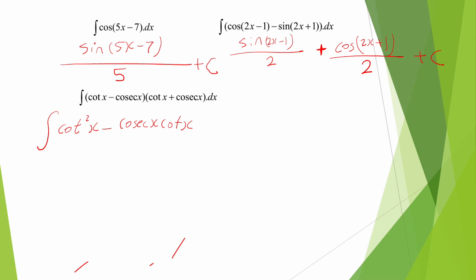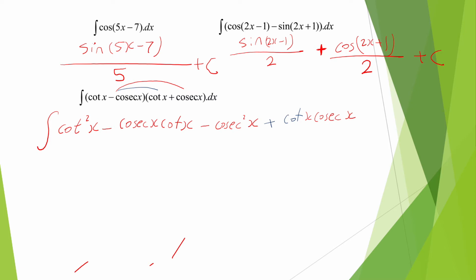And then we have plus. Okay, negative times negative, negative times positive, so it's negative cosec square x. And then we have this one here, plus cot x cosec x.